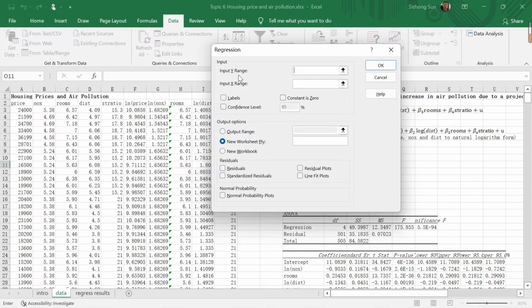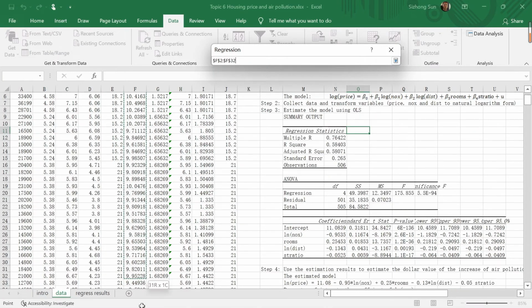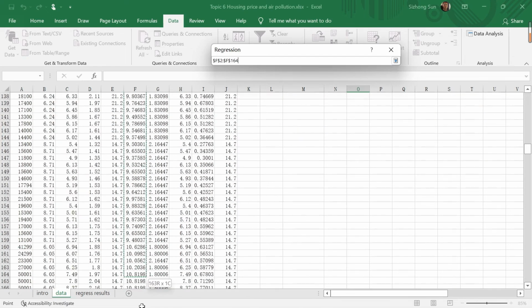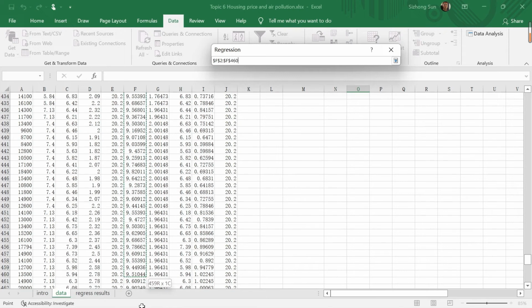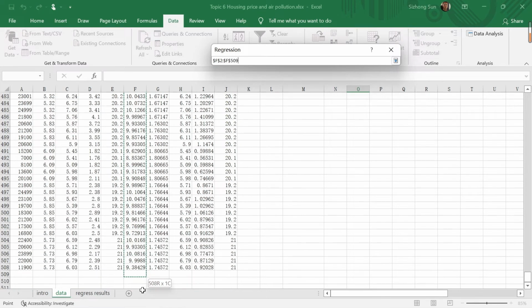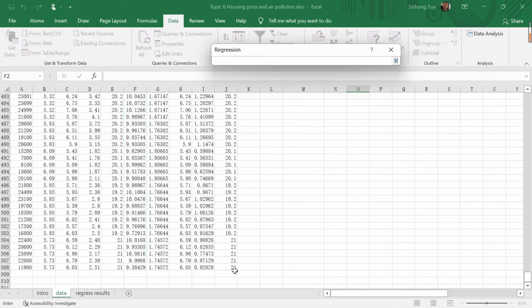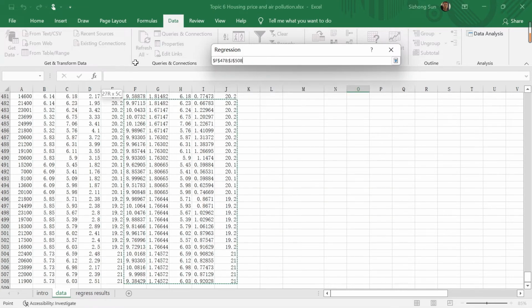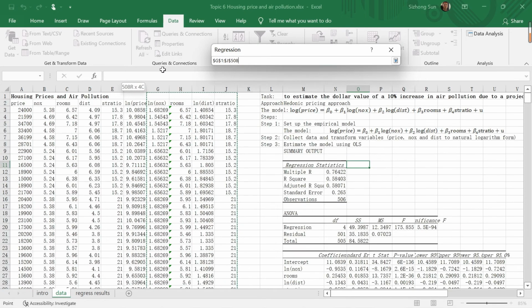The input dependent variable is the price, and the input X, the explanatory or independent variables, is this.